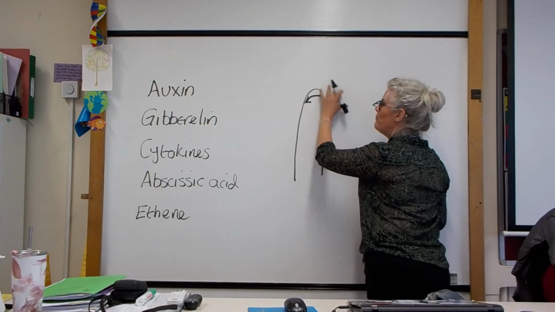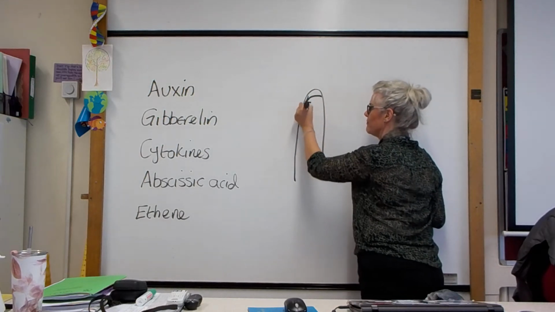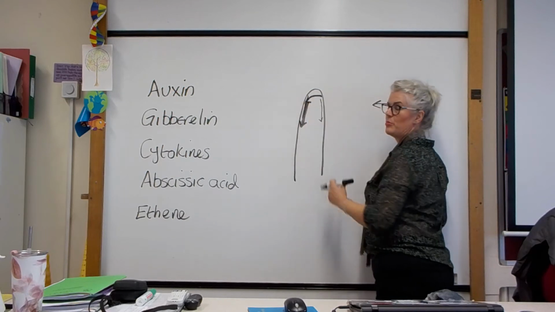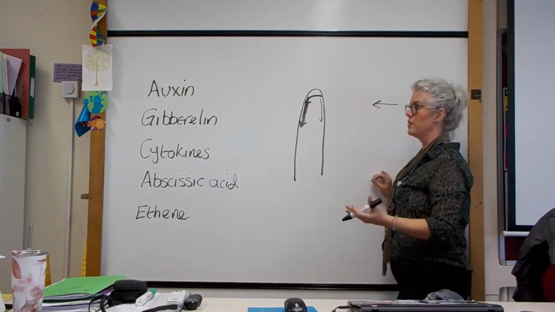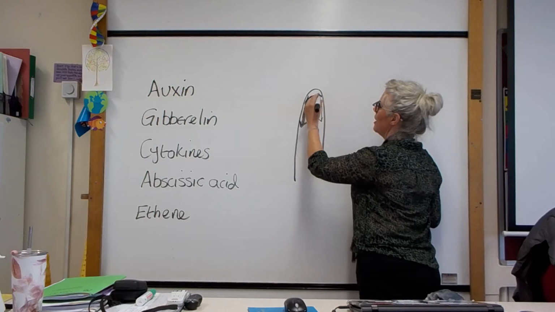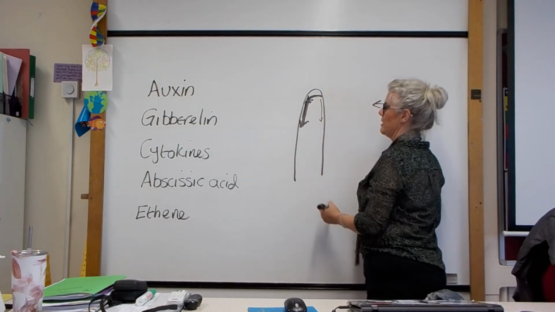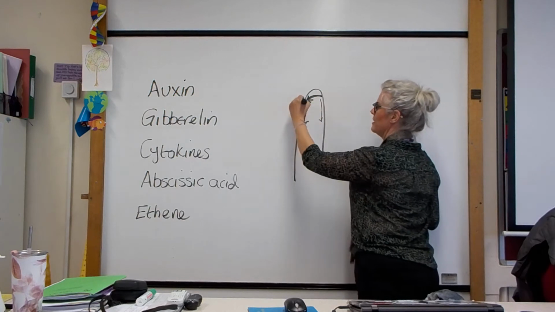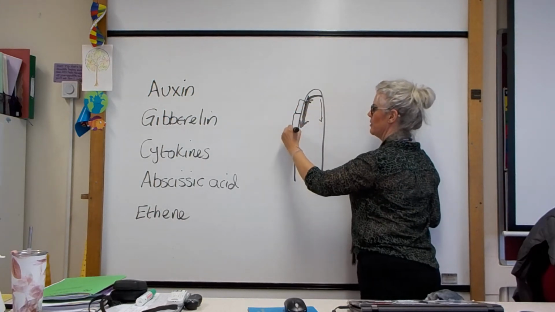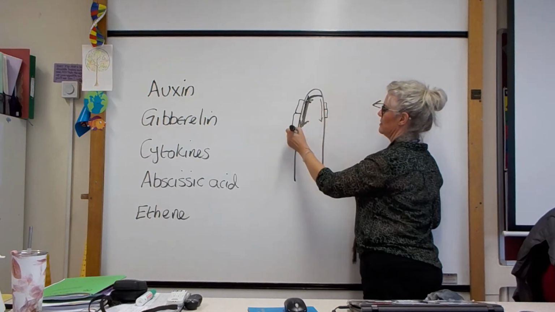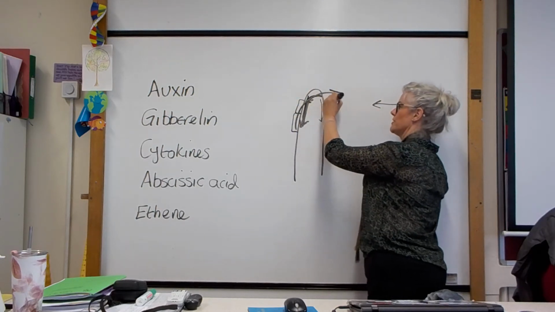So you'll get more auxin going down the dark side. You may still get a bit of auxin going down the rest of the shoot, but most of it will diffuse across and you'll get more of it going down this dark side. So these cells are able to elongate, these cells don't elongate as much, and so that's what pushes that over.